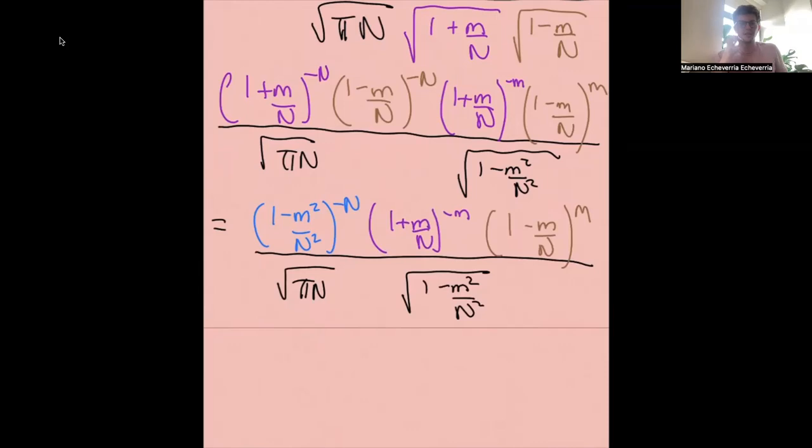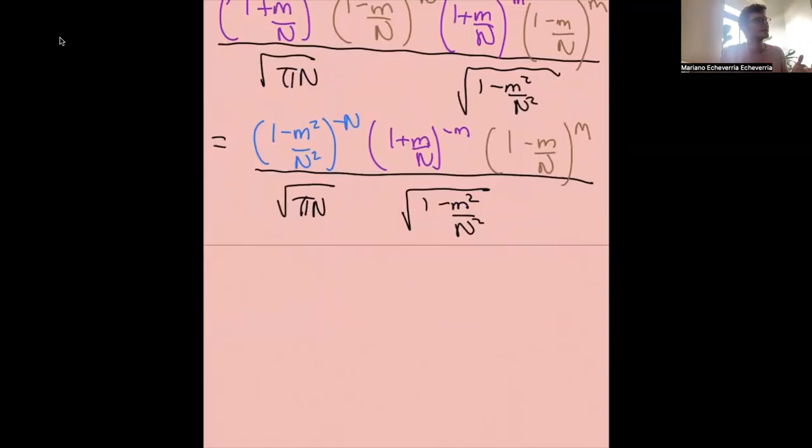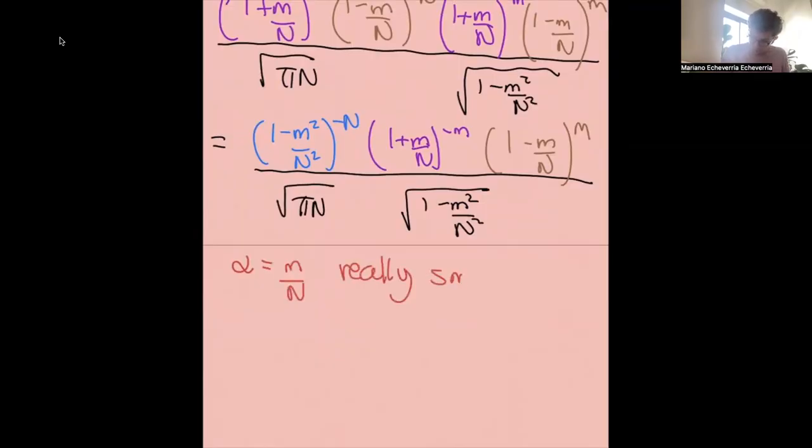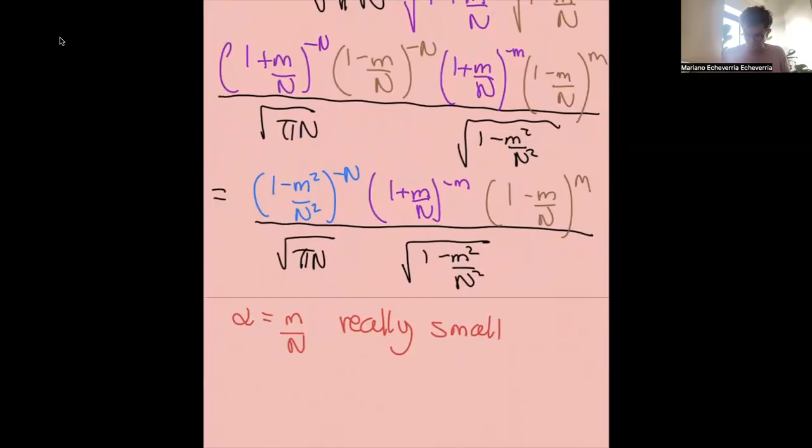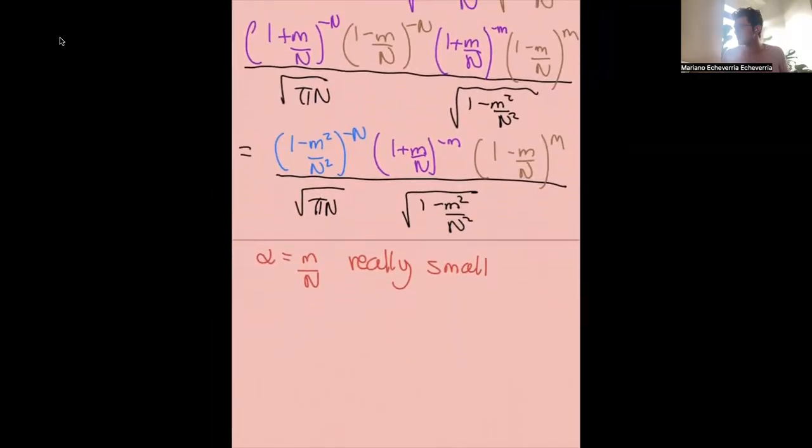So what I'm going to do next is, again, you have to imagine that n is going to become really, really large. So m over n, you can call it alpha, is going to be a very small number.